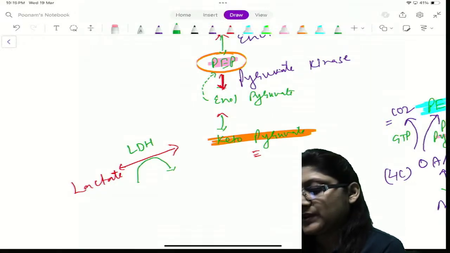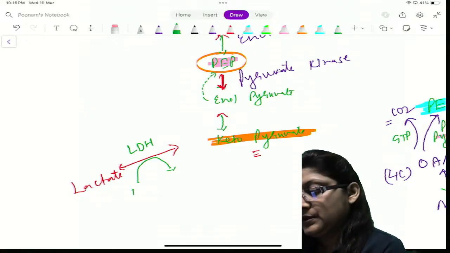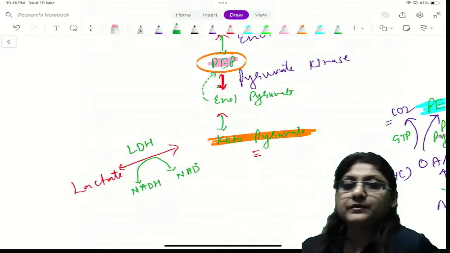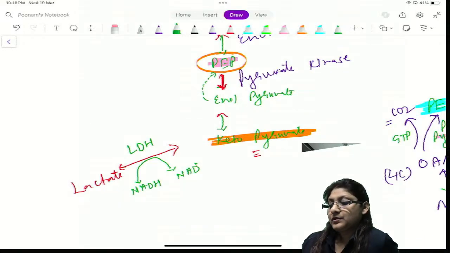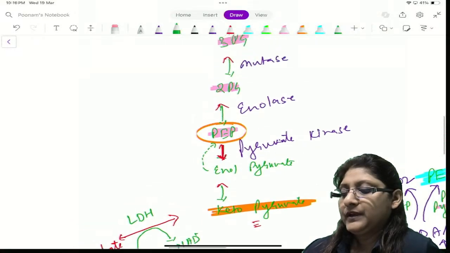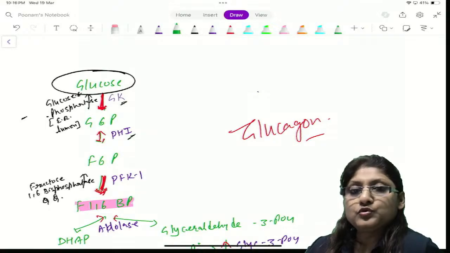And in this process, what is happening? The lactate is getting oxidized to pyruvate. NAD will be required and NADH will be generated here. So this is how lactate will be converted to pyruvate, and thereafter, pyruvate will be converted to glucose.